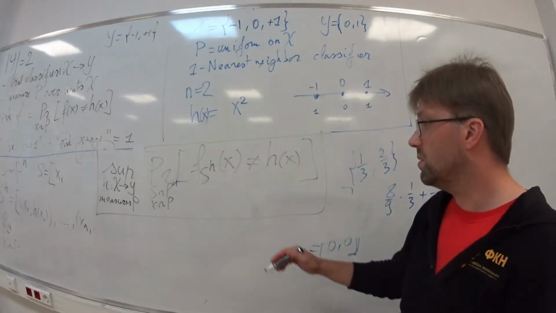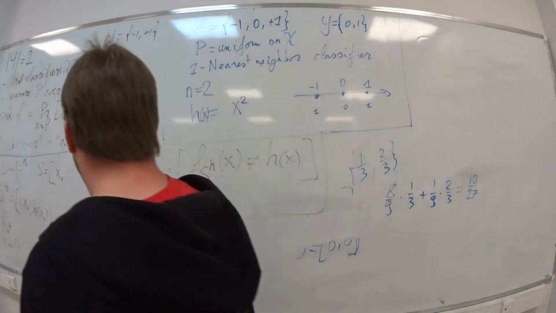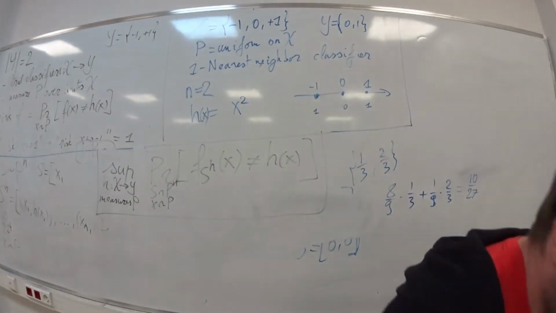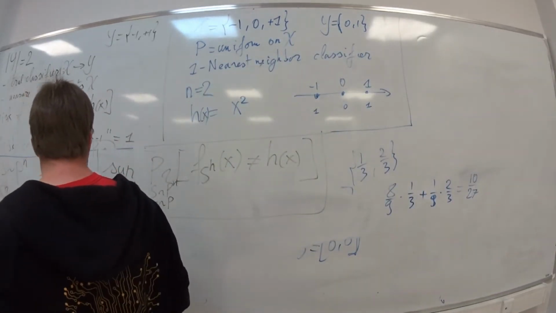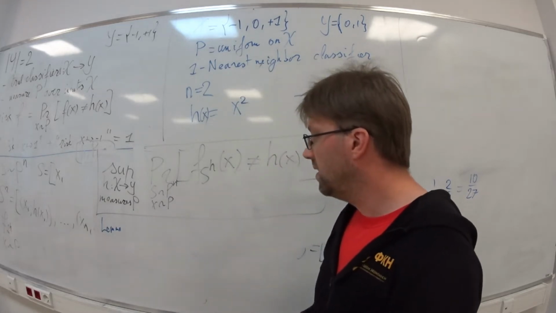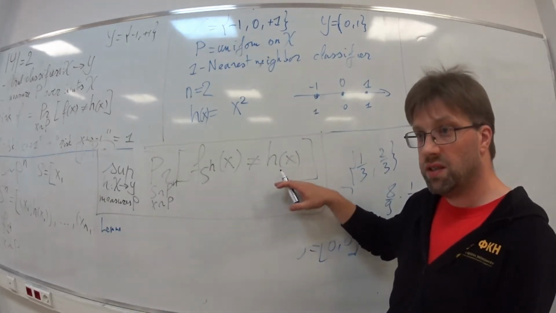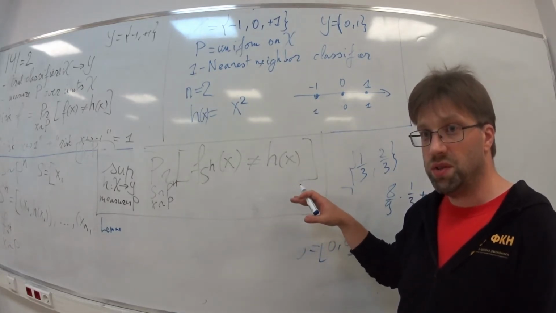So for this, we need to prove some lemma. And the lemma I will write here in another color. The lemma says that the best possible bound we can achieve is obtained by random guessing on unseen inputs.